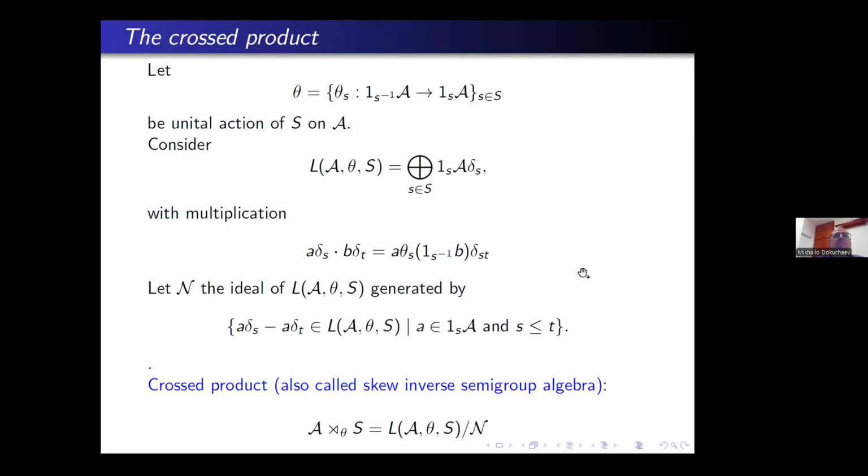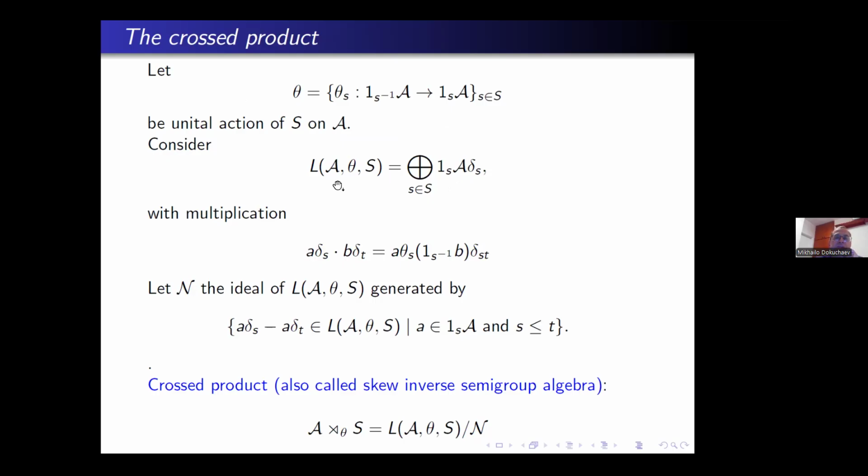Now, we want to define what the crossed product is. It is done in two steps. Let's suppose we have a unital action, and we form this L, which is the external direct sum of these ideals 1_s A. These 1_s are the generators of the ideals involved, right? And delta_s is just a placeholder, a formal symbol.